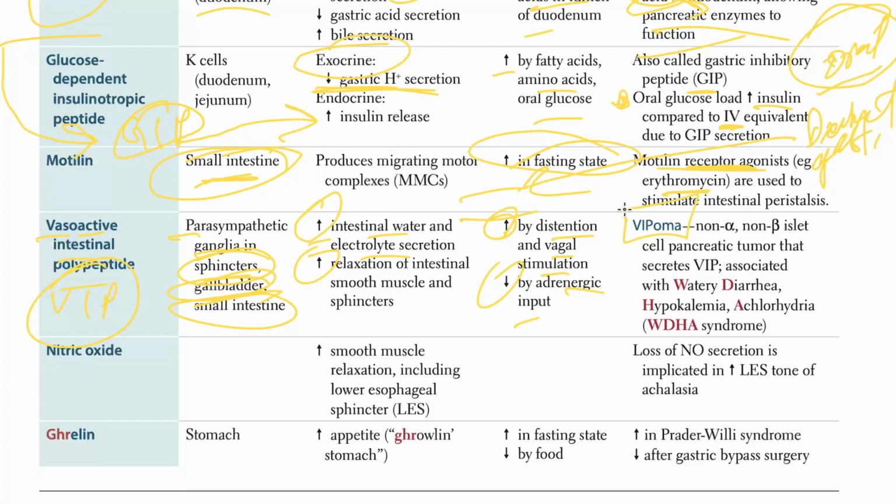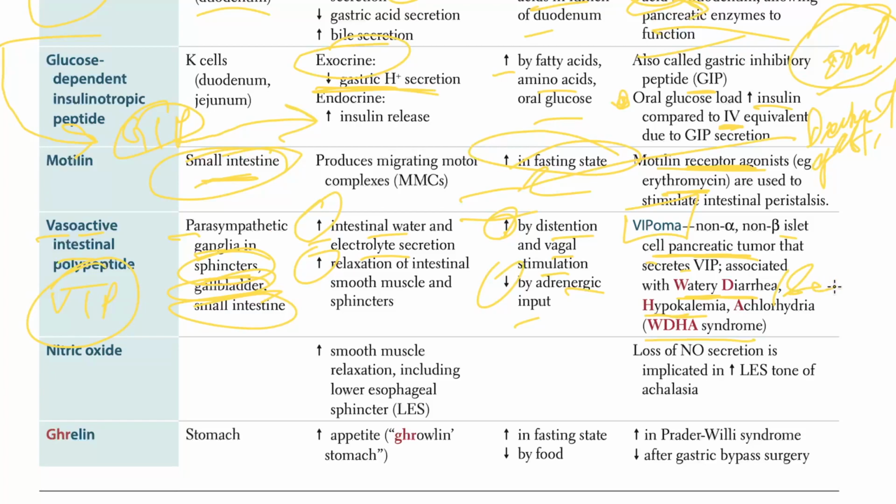Now you have a vipoma. That is a non-alpha, non-beta islet cell pancreatic tumor that secretes VIP. That is going to be associated with WDHA syndrome: watery diarrhea, hypokalemia, achlorhydria. Again, watery diarrhea is like secretory, cholera-type diarrhea.